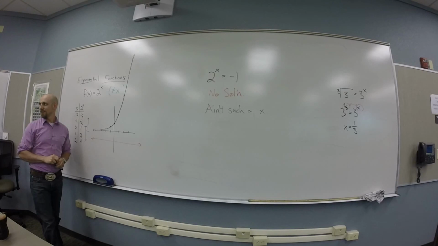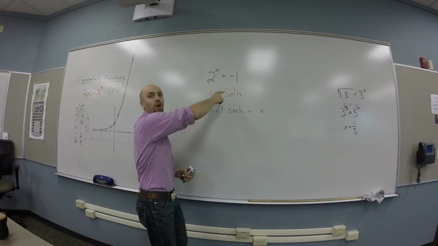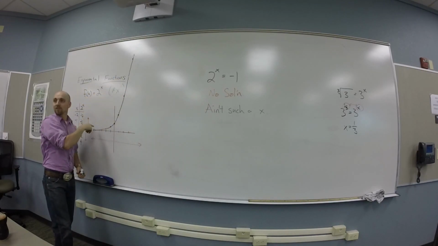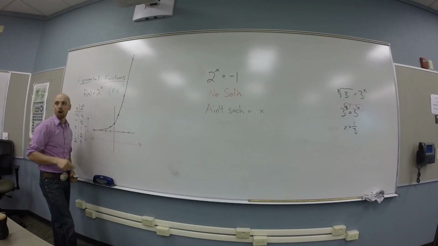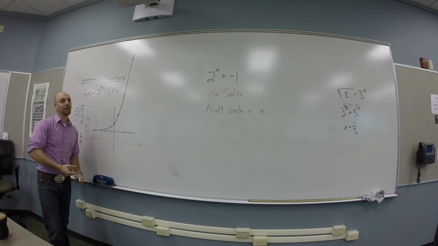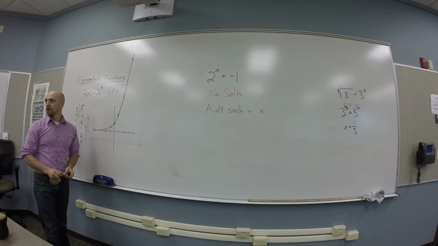You guys see that? Ain't no such x. That would be asking, what input into the 2 to the x function gives you the same as -1? Well, there isn't an input that gives you negative anything, much less -1. You guys see that?